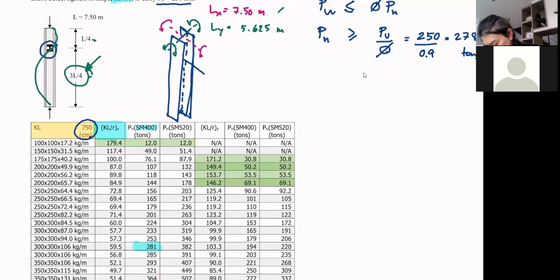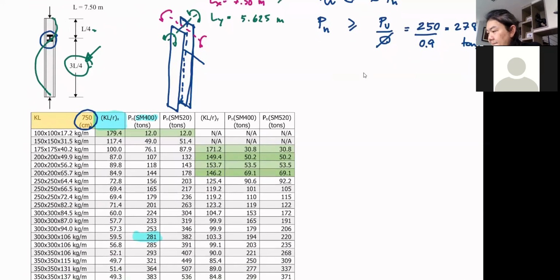So you can say, in consideration of the load carrying capacity about the x-axis, you can perhaps try H300 by 300 by 106 kilogram per meter, because this load clearly exceeds what you want. You can also say here that P nominal is 281 tons.